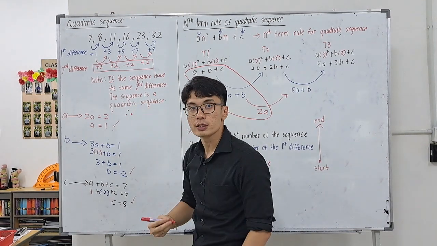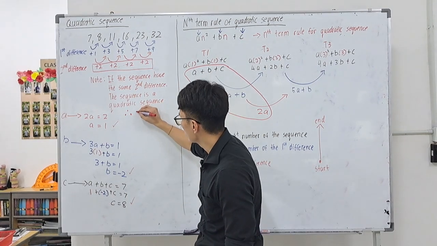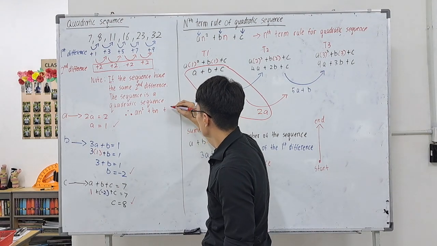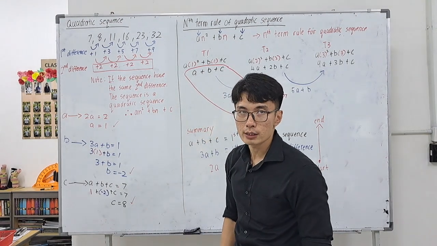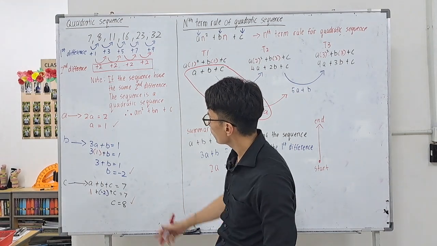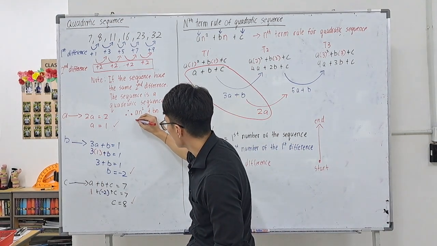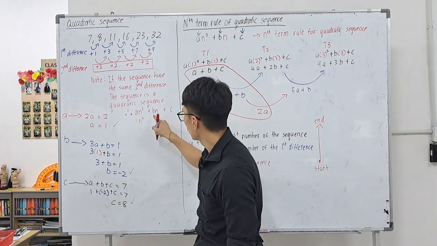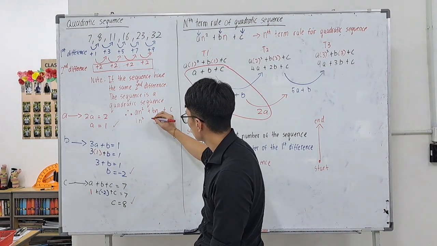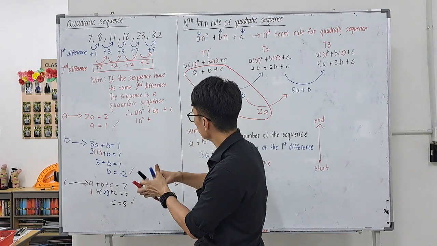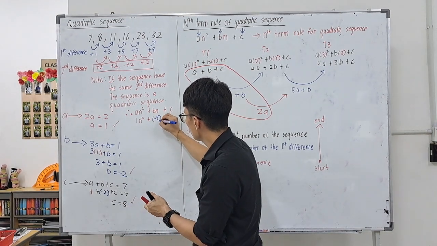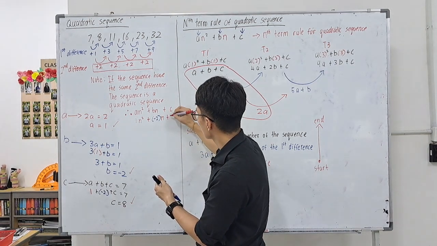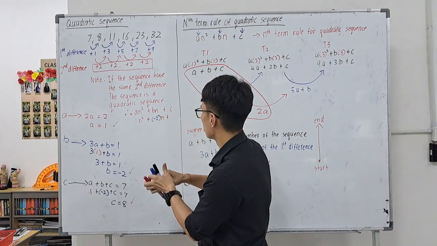This 3 dots means therefore, my quadratic sequence is an squared plus bn plus c, and I'm going to put everything in accordingly. My A is 1, so that's going to be 1n squared. My B is negative 2, so it's going to be plus negative 2, and don't forget the n outside, plus my C, which is 8.